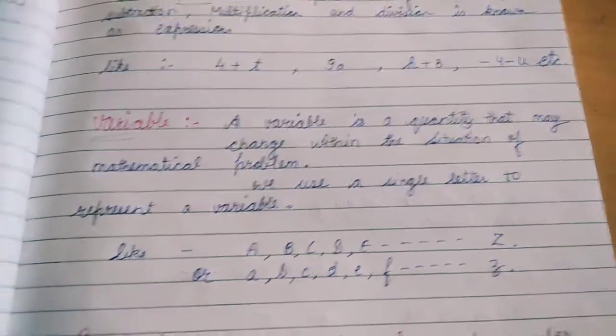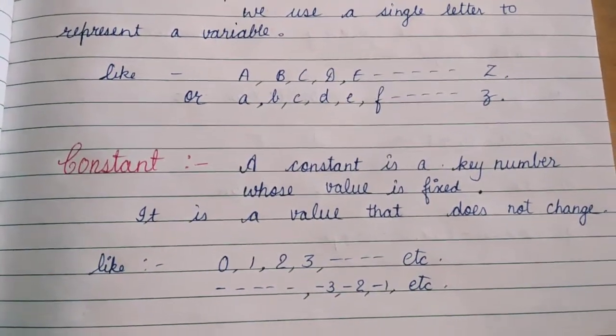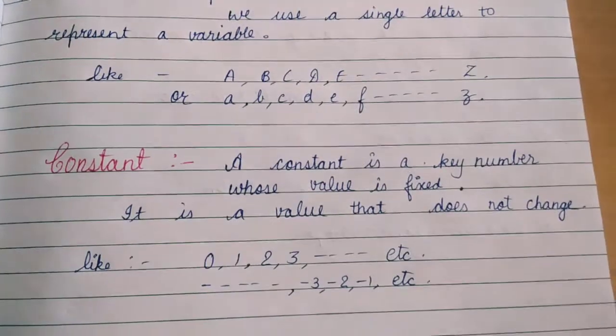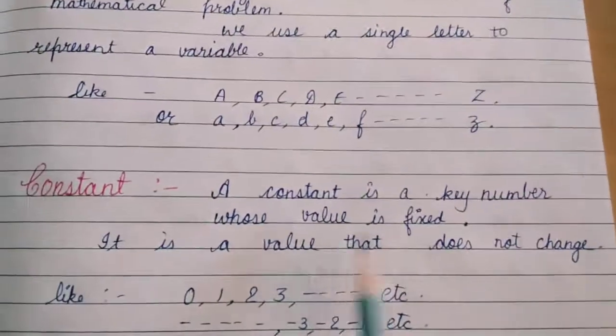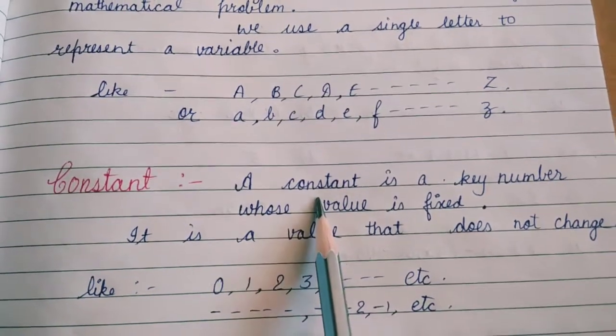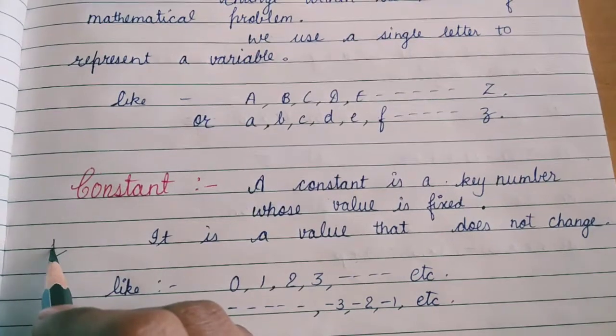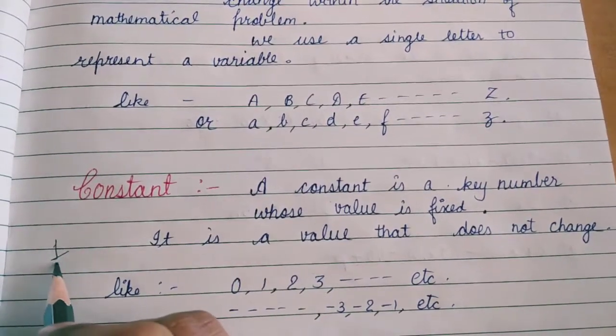Now the next thing is constant. A constant is a key number whose value is fixed. It means the value that is absolutely fixed is known as a constant. If I write here 1, for each and every person the 1 is only 1.